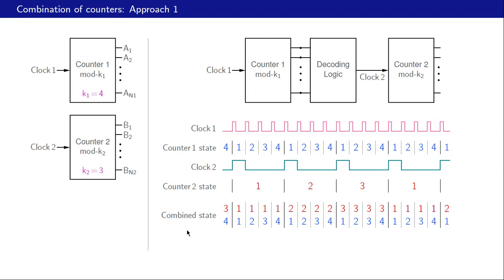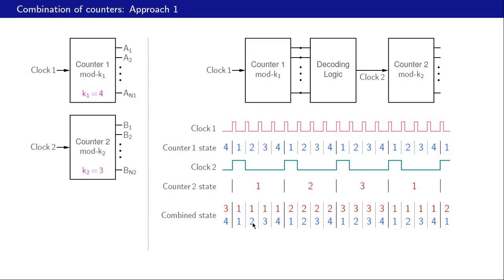Let us now look at the combined state of the entire circuit. It has got 2 components: the state of counter 1 indicated by the blue numbers here, and the state of counter 2 indicated by the red numbers here. In this interval, counter 1 is in state 1, counter 2 is in state 1, so we have this combination here.